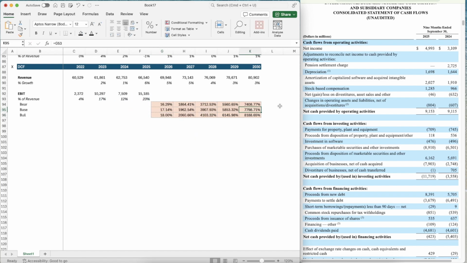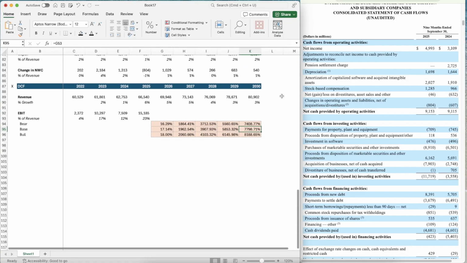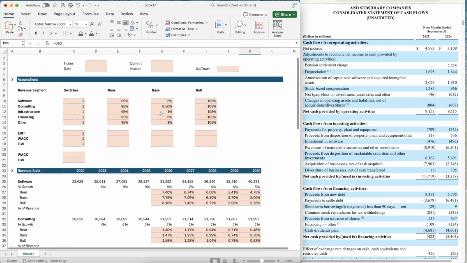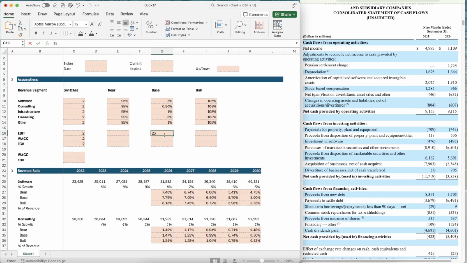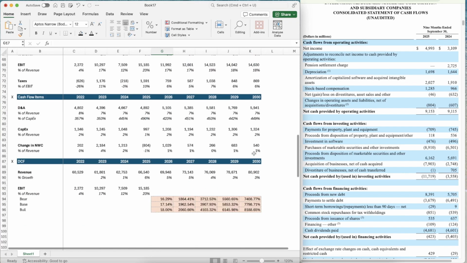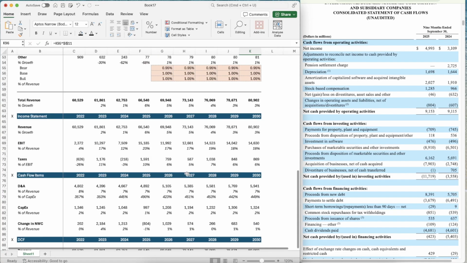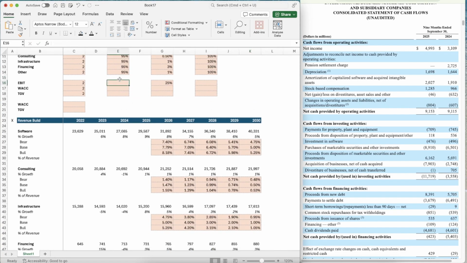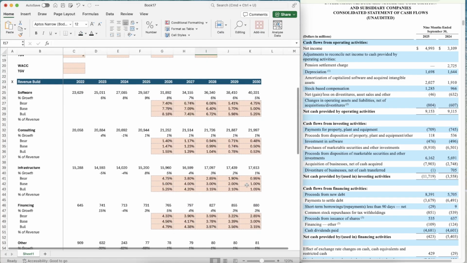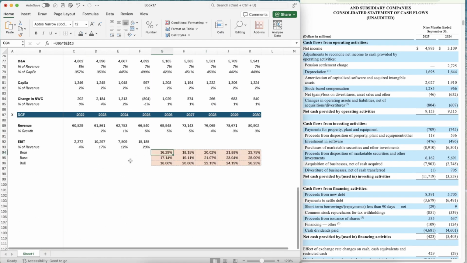Let's actually say that the EBIT margin does increase. If they're focusing more on software, the margin will expand, because it's significantly more scalable. So let's go on 25%. G16. And I think this can be a significantly wilder swing than up here. So 90% and 110%. So that's the margin for the bull and bear.